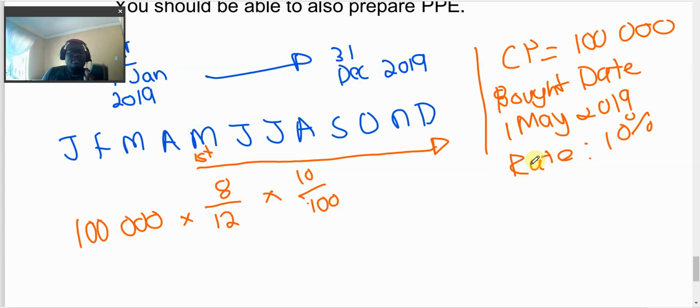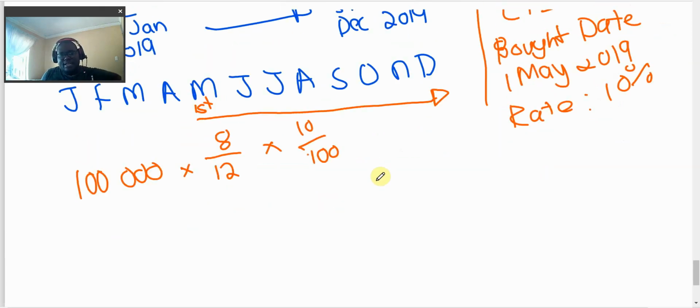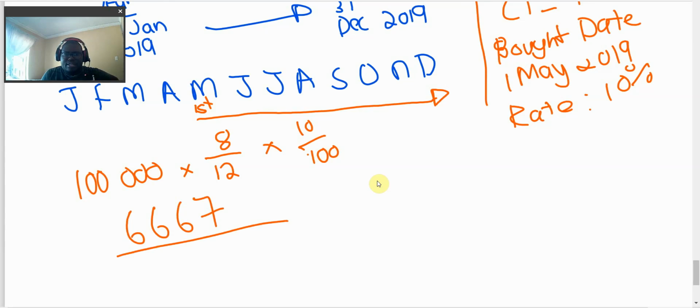We are getting 6,667. Remember, in accounting we round off to the nearest rand, so you're getting 6,667. So this is the depreciation that they want you to calculate.